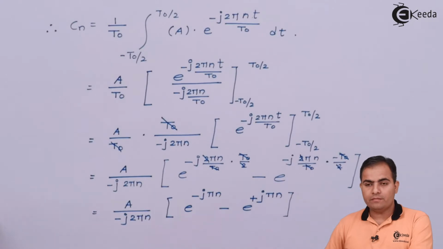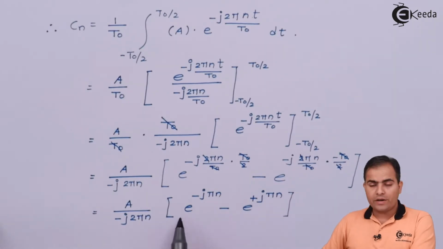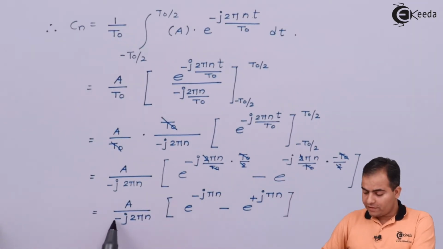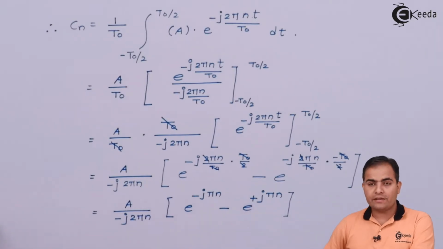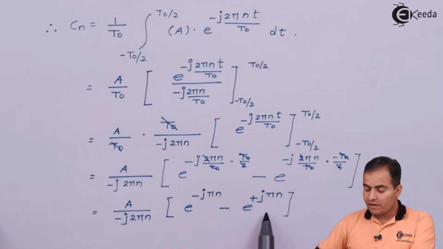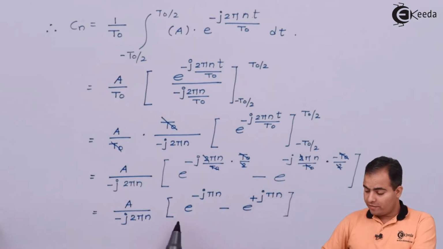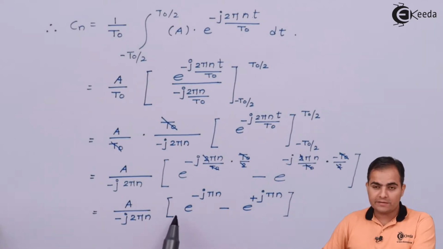Minus minus will become plus. Look at here. If I shift this minus sign inside this bracket, then this term will carry a positive sign, whereas this term will carry a negative sign.